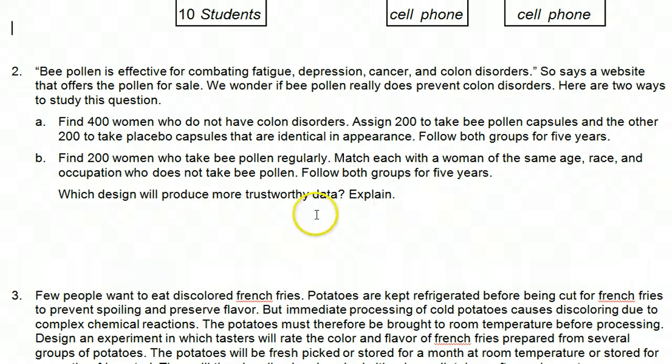All right? I mean, how many people do you know that take bee pollen? Okay, not very many. Now, if you put together a bunch of these unusual women who happen to be taking bee pollen, which is not a really common thing for people to be taking, they might be taking other things that are uncommon, other herbs and non-traditional treatments that they might be doing.